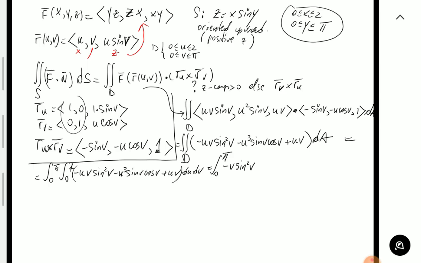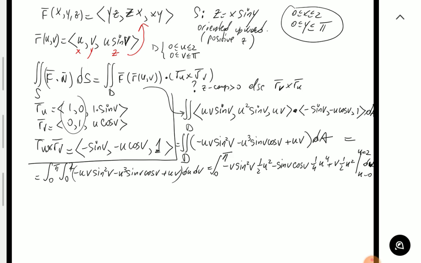So this is 1/2 u squared. The next term, the integral of that will be minus sine v cosine v, 1/4 u to the power 4, and then v, 1/2 u squared, with u between 0 and 2, and then dv at the end.